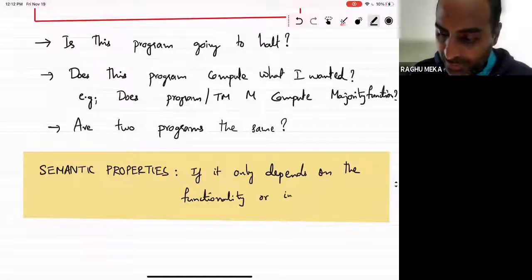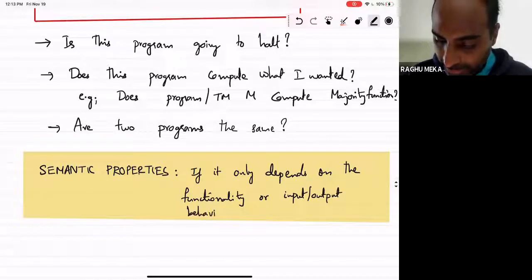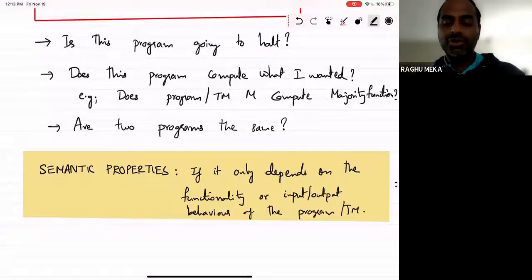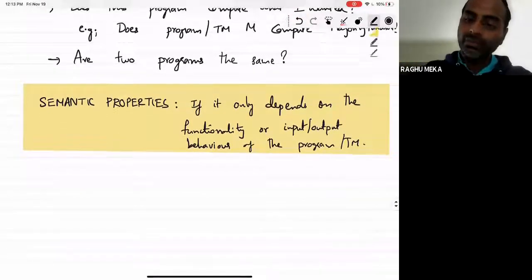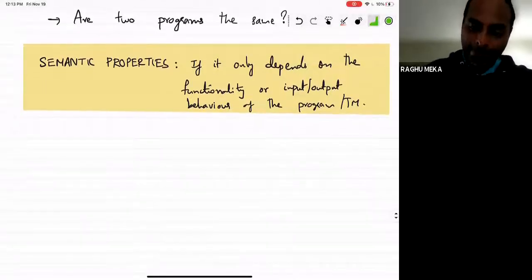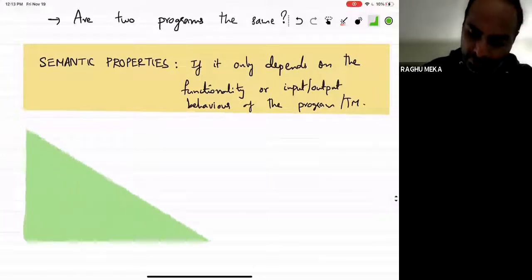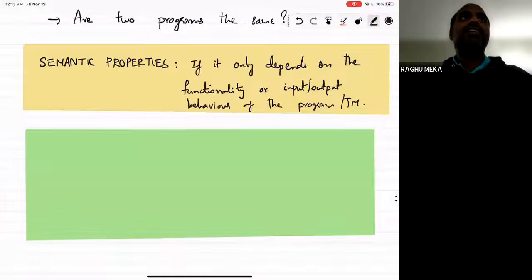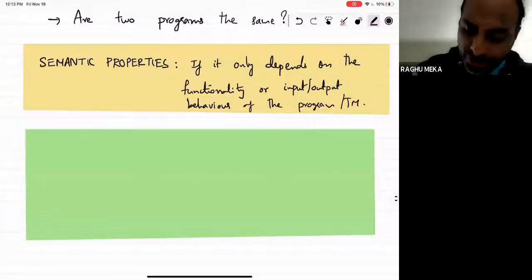Functionality or input output behavior of the program or Turing machine. When I say program, you should really be thinking about Turing machine. Okay, so let me state it formally now. Formally, we'll call this semantic functions or properties. Both names are useful.